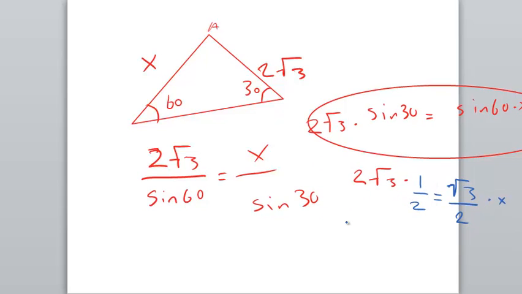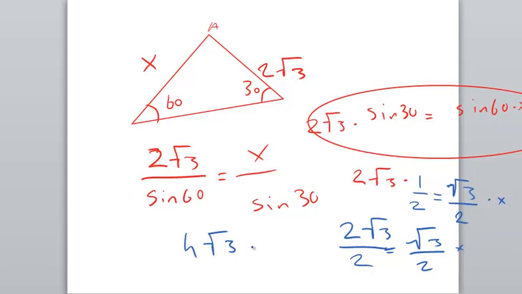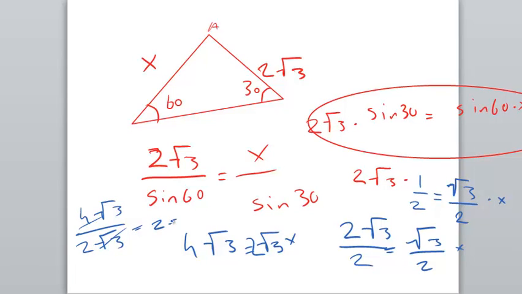From here, 2 root 3 over 2 is equal to root 3 over 2 x, so that would make 4 root 3 is equal to 2 root 3 x. We divide it now. It's 4 root 3 divided by 2 root 3. Cancel. That will make it 2 is equal to x, so x is equal to 2.